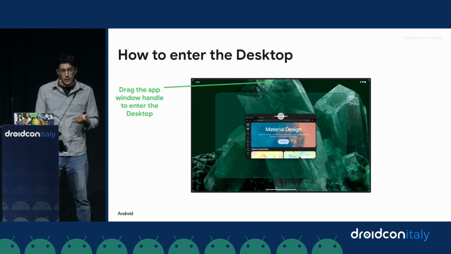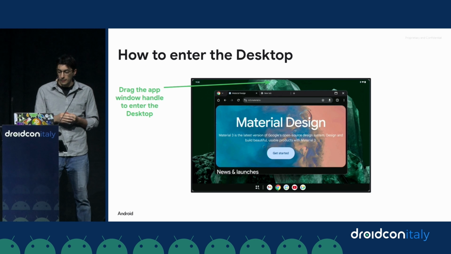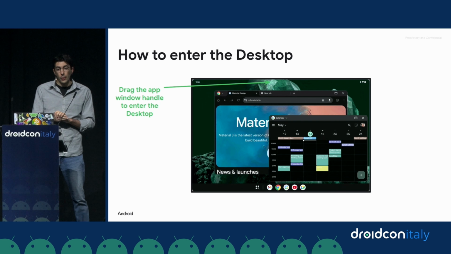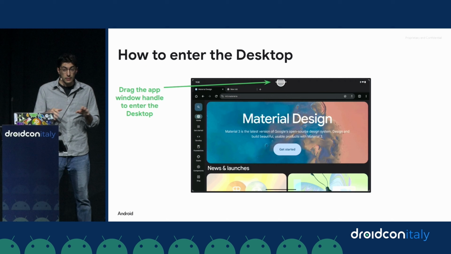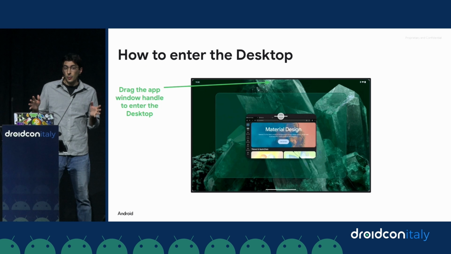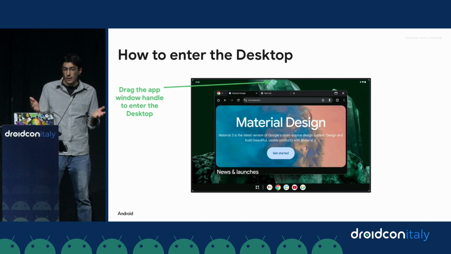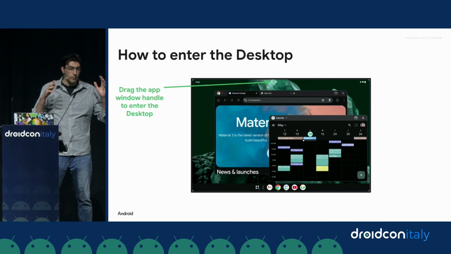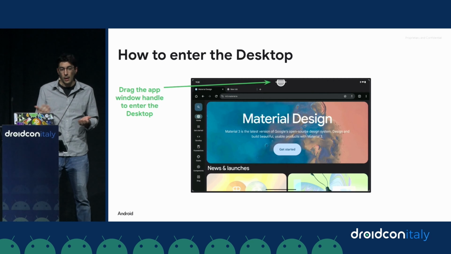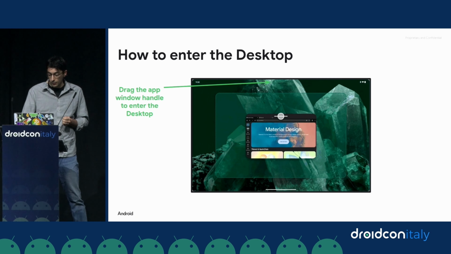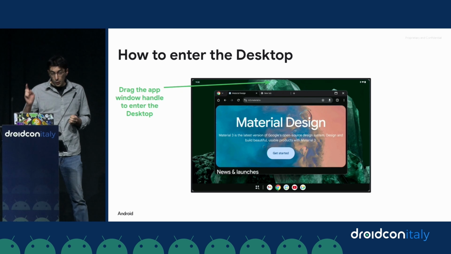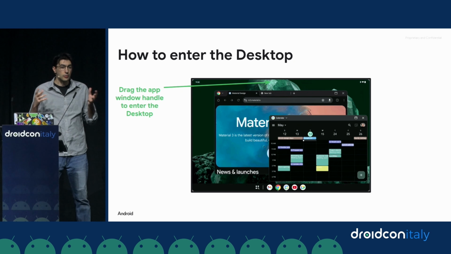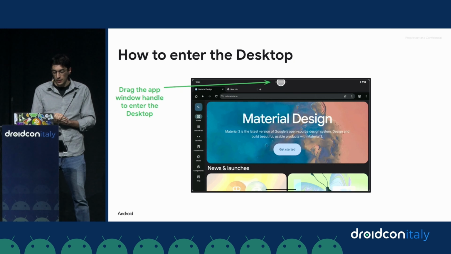Users can also invoke desktop windowing from the menu that shows up below the window handle or with the keyboard shortcut. It's important to mention that desktop windowing is really meant for productivity, and it's really great to be used with external peripherals like mouse and keyboards. If you close all the desktop windowing apps, it will go back to the full screen apps as usual.